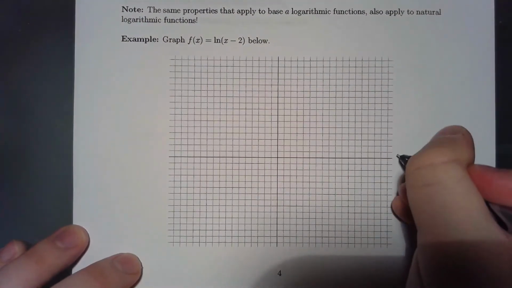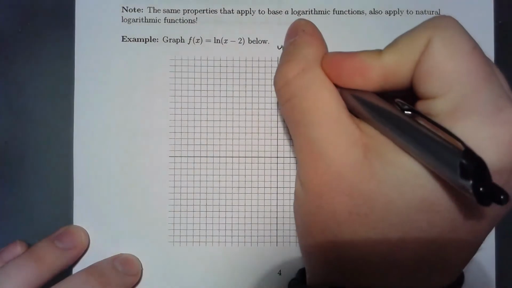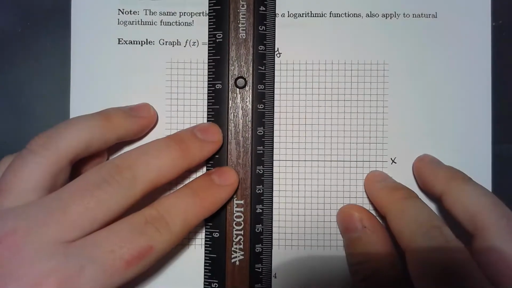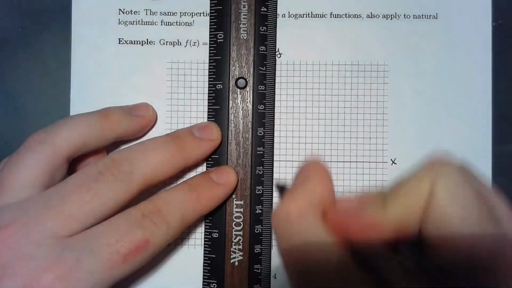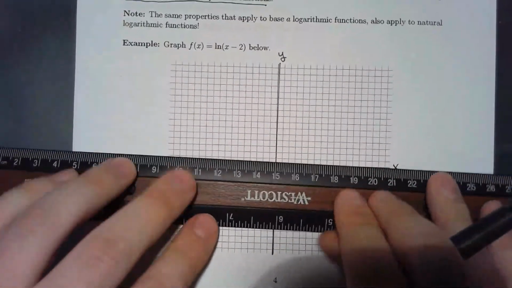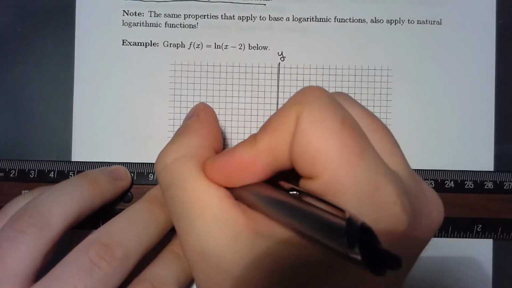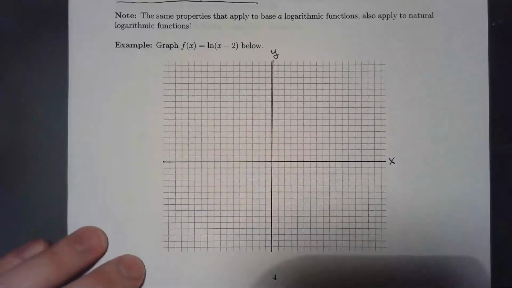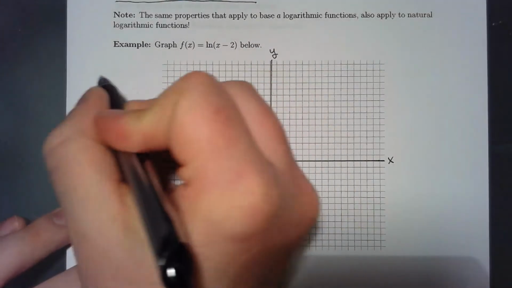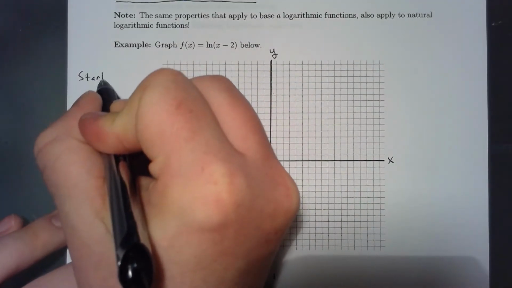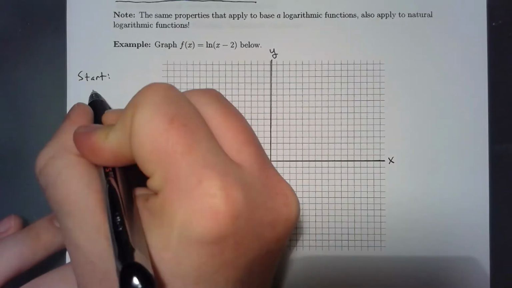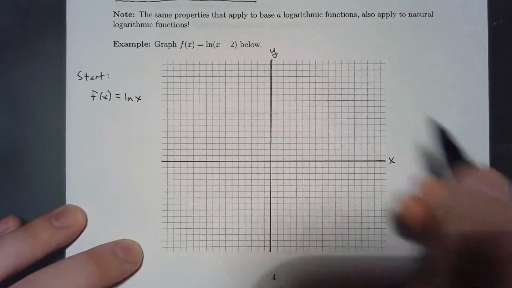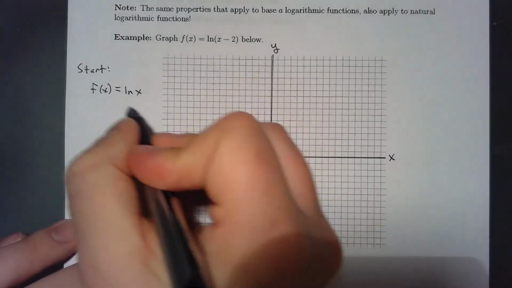If this is my x-axis and this is my y-axis, the first thing I want to do is start with the technique of transformations. I'm starting with the most basic form of this function, which is ln of x. That's the natural logarithm, and this has the points.